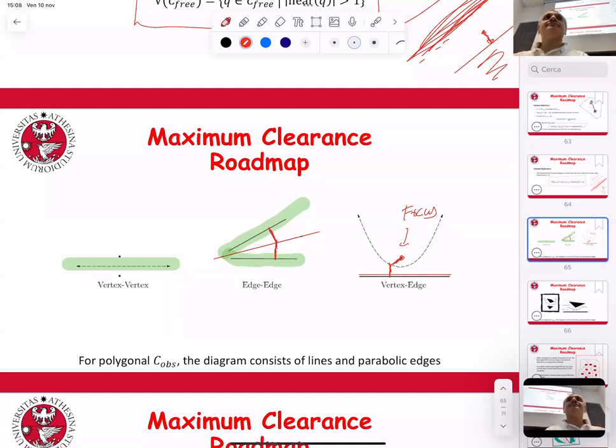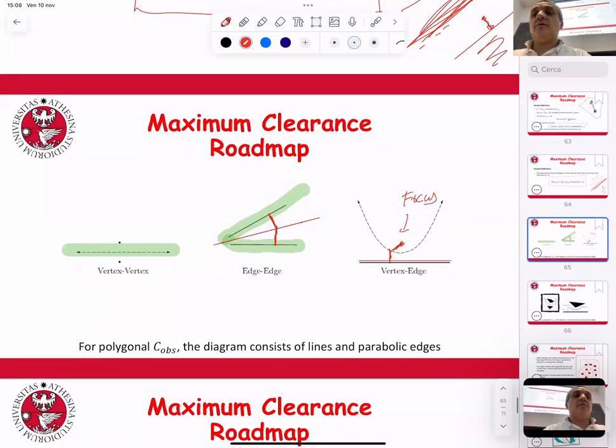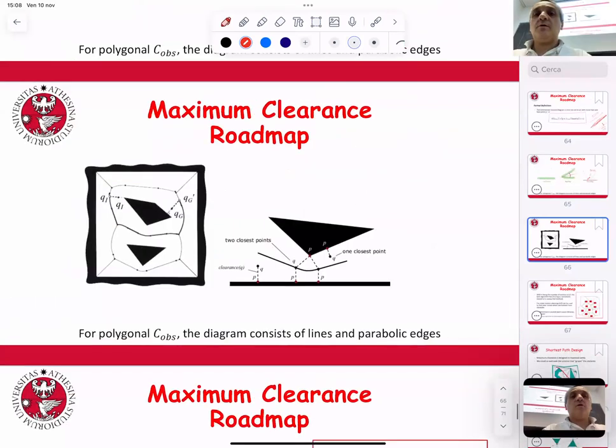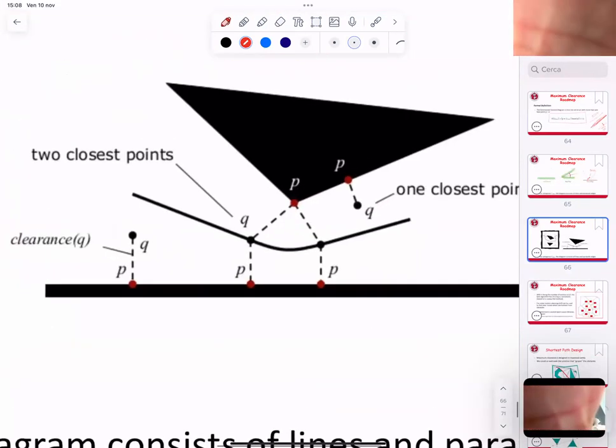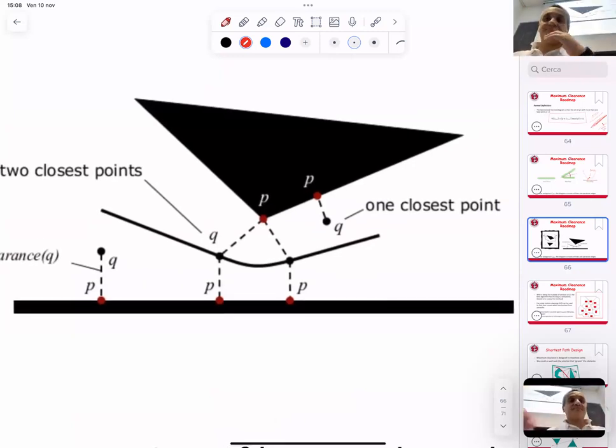Okay. So if we leave these definitions, we are able to construct the minimum clearance map for any type of map. Consider in this case, okay, let's start from this. Here we have different situations.